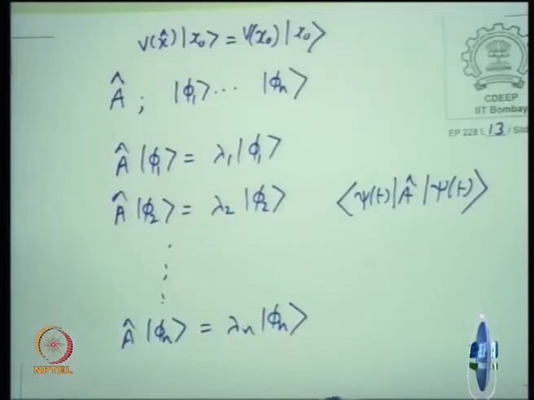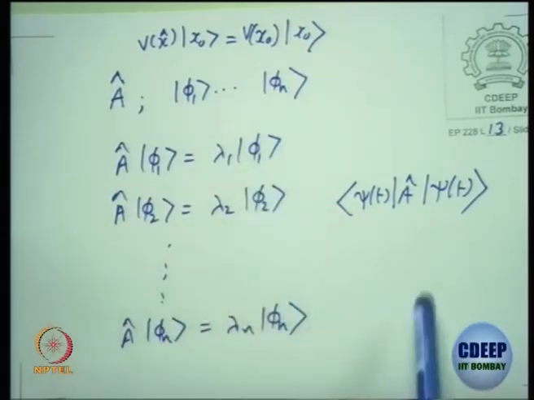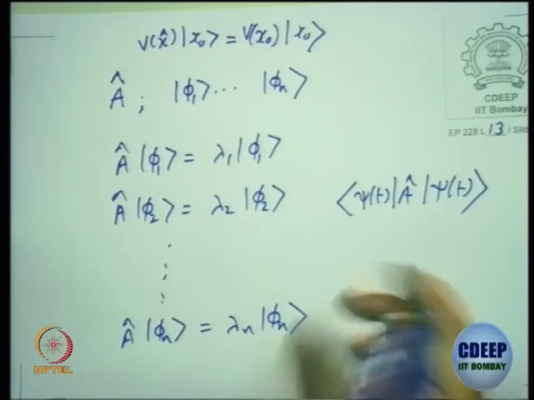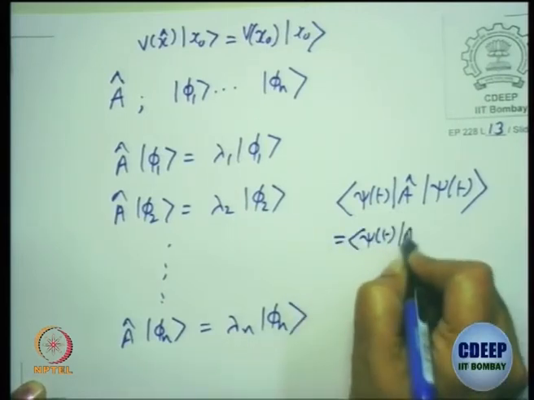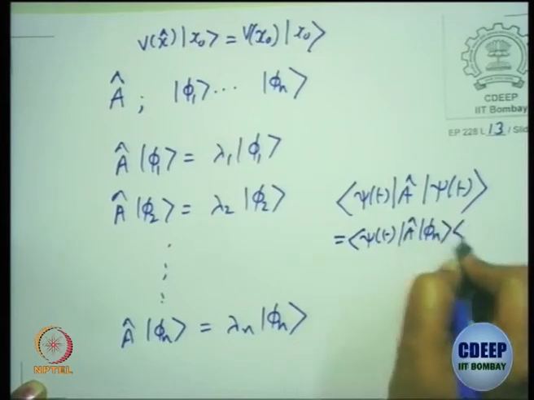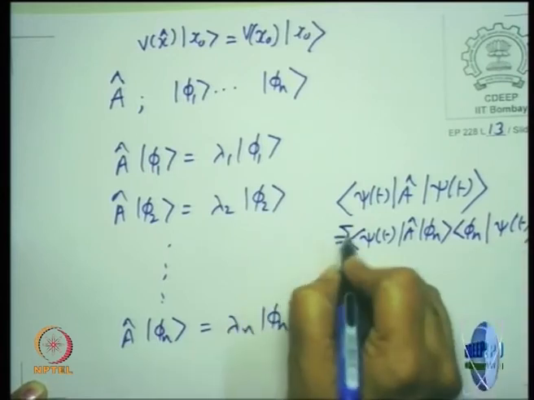You could also work in some other basis where, for a finite dimensional vector space, it is an off-diagonal matrix. It need not be a diagonal matrix. But if you go to a diagonal matrix, things will get simplified. You can still find the eigen basis of any operator and you can start inserting. So what I'm trying to say is, if I want to find this, I can write psi of t, A operator, phi n, phi n, psi of t, and summation over n.